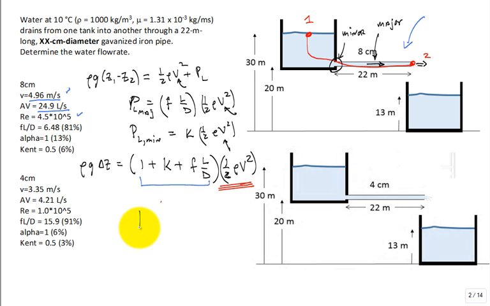What was this first term? Kinetic energy. What's this one? Entrance loss. What's this third term? The major loss, frictional loss. So if you do that, what you find is that when you add these up, you get a certain overall, but then you go back and find out that this FL over D is 6.48.